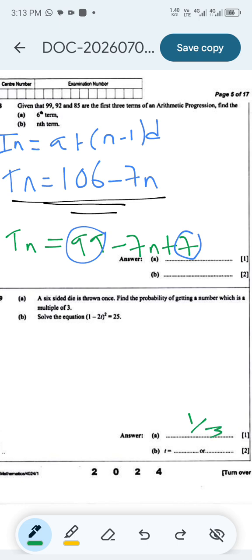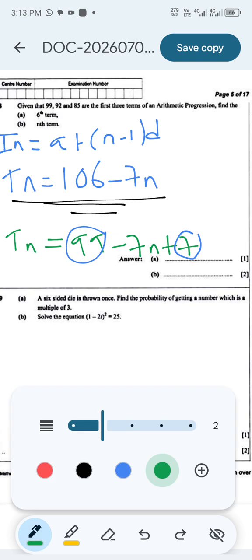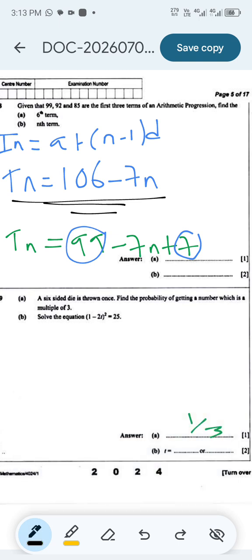So 1 over 3. And then we have another scenario here which is saying (1 minus 2t) squared is equal to 25. When you look at where you are supposed to put the answer, it is demanding 2 answers.